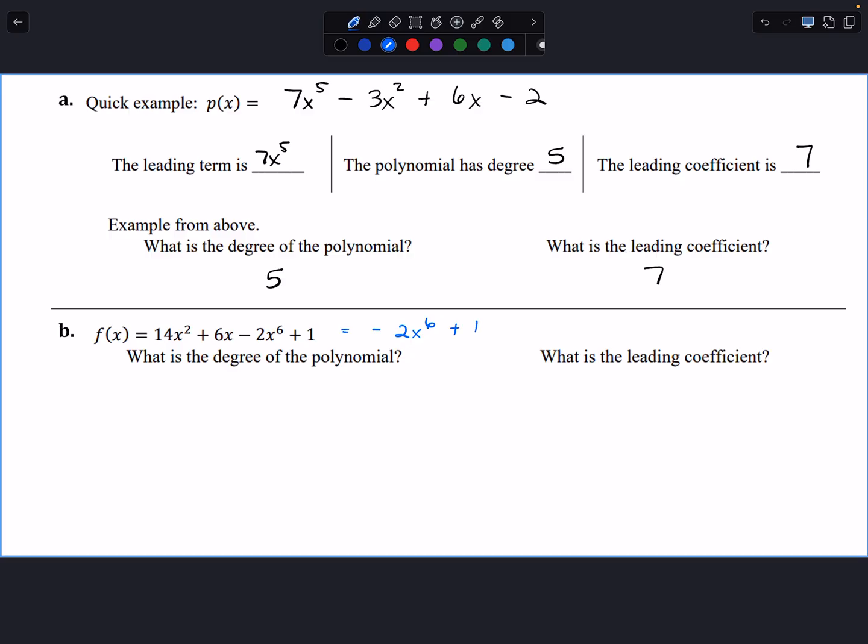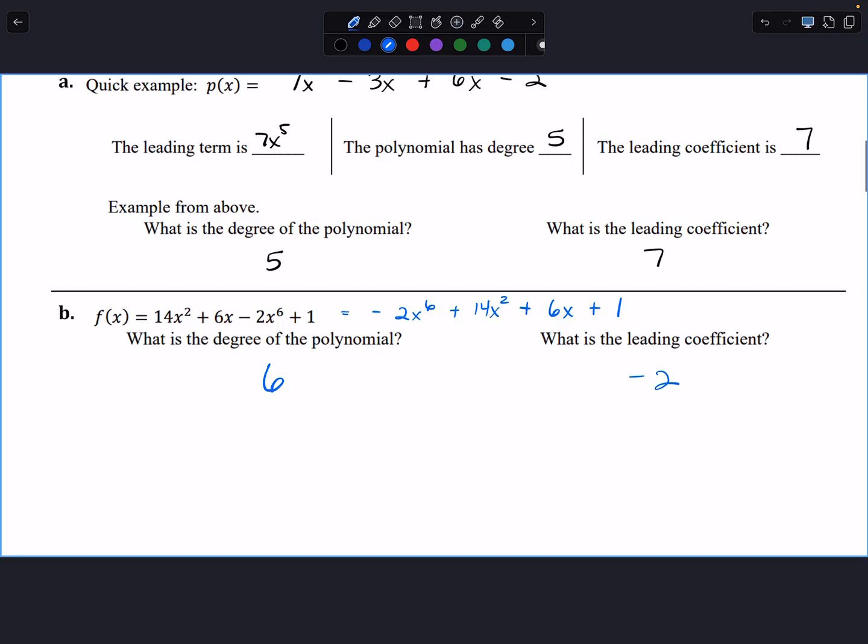So plus 14x squared plus 6x plus 1. So what's the degree? 6. What's the leading coefficient? Negative 2. Cool. Well, that was easy. Questions on those?